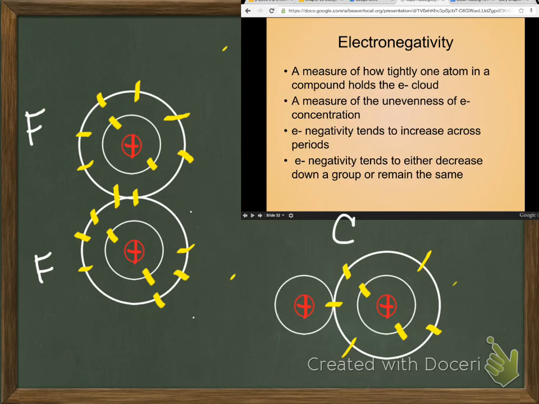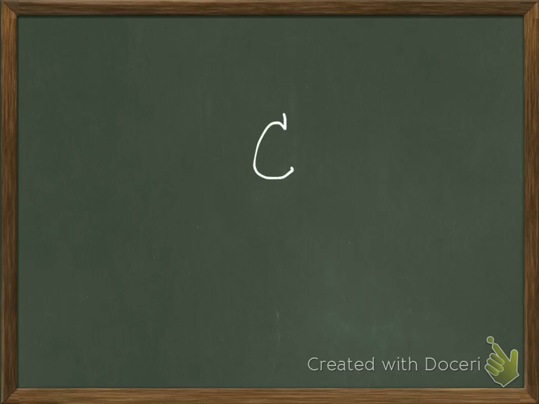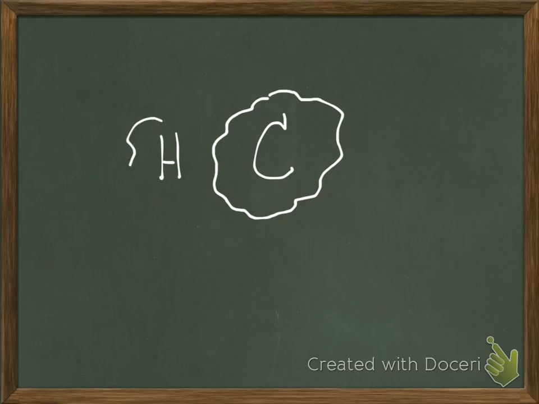So if we look at this in a cloud view, we've got carbon, we've got hydrogen, and all around the carbon is this little cloud. And all around the hydrogen is a little cloud, and their clouds overlap. That's where they're sharing electrons.